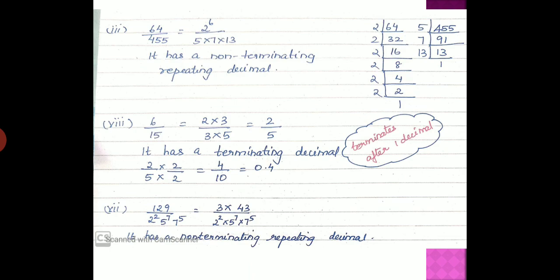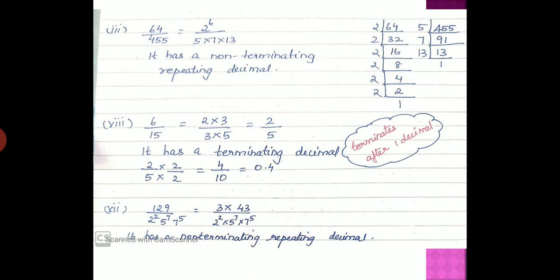Now the 8th one is the best example to show why we have to take the prime factorization of the numerator also. Suppose here you see 6 by 15. 6, what is the prime factorization? 2 into 3. 15, what is the prime factorization? 3 into 5. Suppose I am not taking the prime factorization of the numerator, then what do I have in the denominator? 3 into 5.